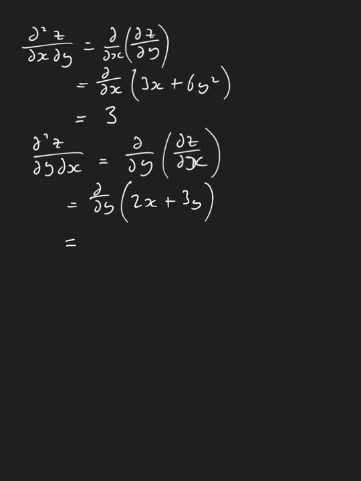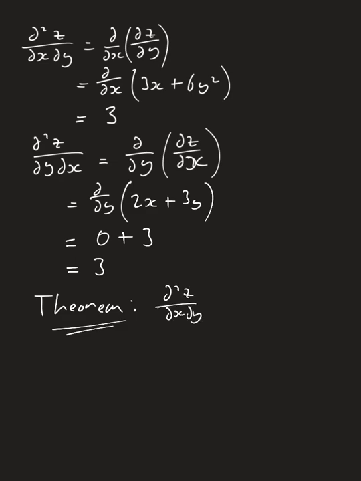So 2x differentiated with respect to y is 0, and 3y is 3. So I get 3, the same answer. And in fact, it's a theorem. It's always true that the mixed partial second derivative is the same no matter which way around you do it.